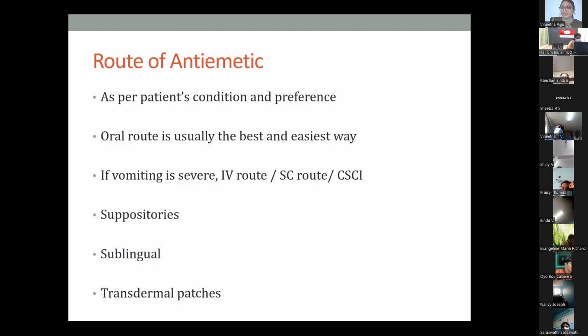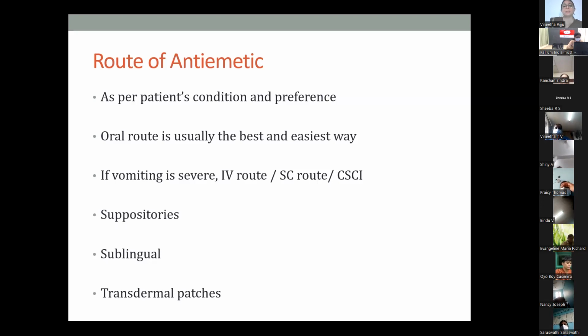It is usually given for children who are undergoing chemotherapy, and it can be given for adults also. I was just saying because it comes in very sweet flavors like strawberry flavor. So sublingual preparations are also available. Transdermal patches are also available.